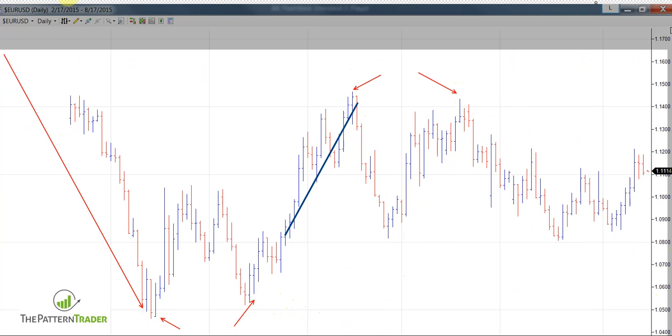So even though this has been a sideways market, when prices refuse to go upwards after making a good move last week, in the Wednesday, Thursday, Friday time frame, we didn't see any advancement in the euro. And in fact, we had these two inside day bars both on Thursday and Friday, which suggests that the market is coiling for another move.